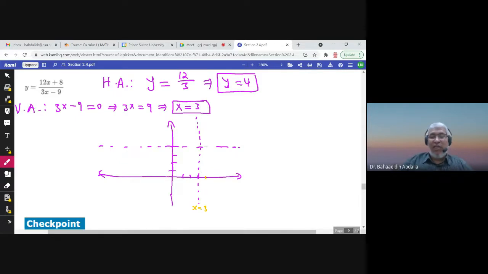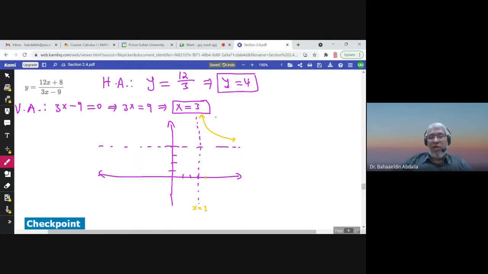So if x is 4, it's very up, okay? 18 point something. So the graph would be like this. It becomes closer to the vertical asymptote, and also closer to the horizontal asymptote, approaching them from here and from here.